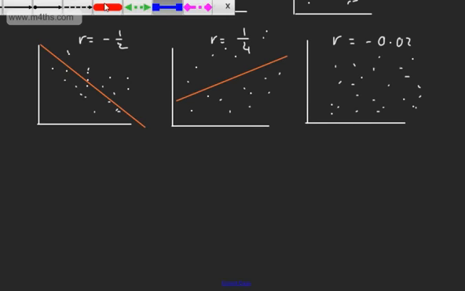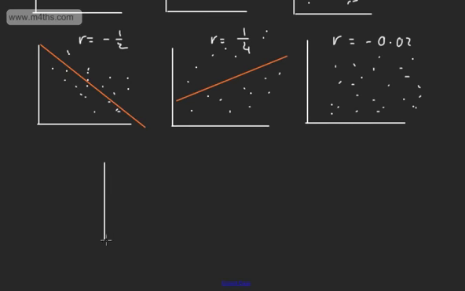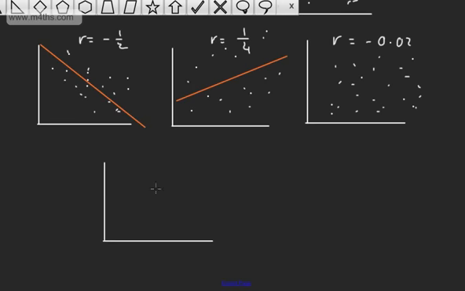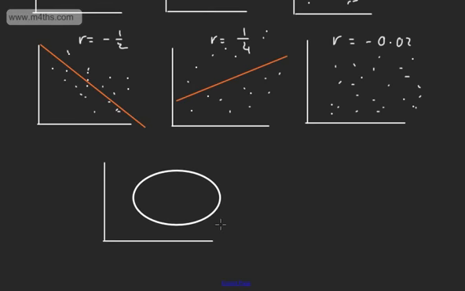For example, if I drew up something and put on an ellipse, I might have some observed values sitting in some formation like this, bang on some other non-linear relationship between the two. If we calculated the product moment correlation coefficient for these, it would potentially be very close to 0.